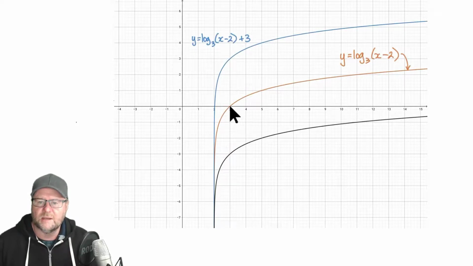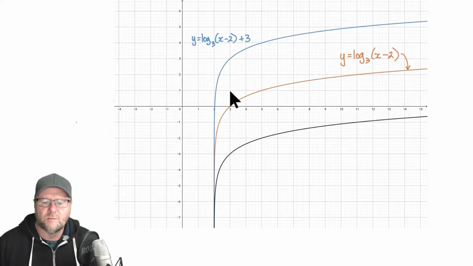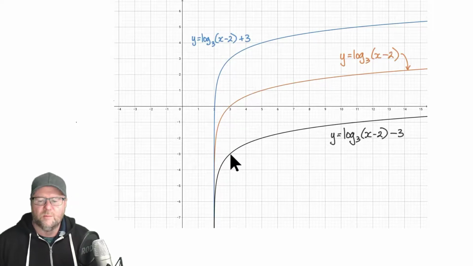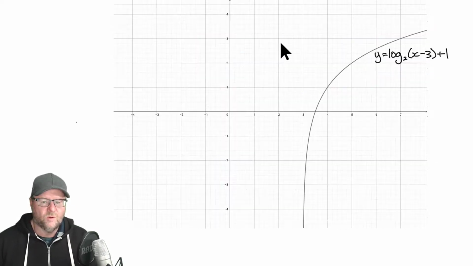I can see here it cut the axis, the y equals 0 value, at 3, and it's moved up 1, 2, 3 places. I've just shifted it up 3. Or vice versa, if I've shifted down 3, it's come down from here, 1, 2, 3 places. So adding a constant simply moves it up or down.